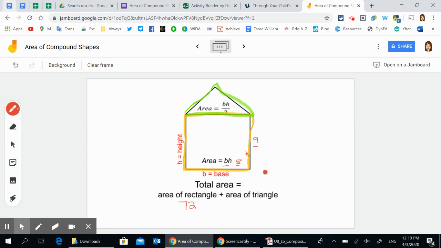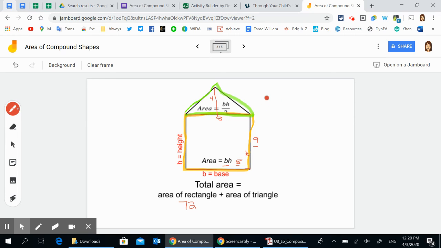The area of my triangle is my base times my height divided by 2. This is my base. If this is 8, this must be 8. In this example, I'm going to say that my height is 4.